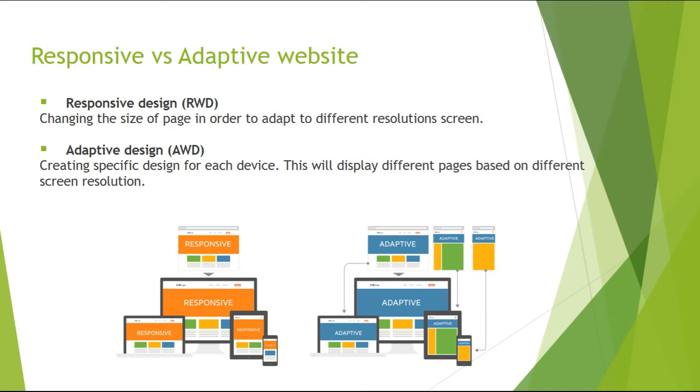Likewise, you can see in the example, this is a responsive one, and for a mobile application there is another screen, and for the tablet there will be another screen, and for notebooks there will be another screen. So actually, adaptive design takes more manpower and cost when we compare it with responsive design.